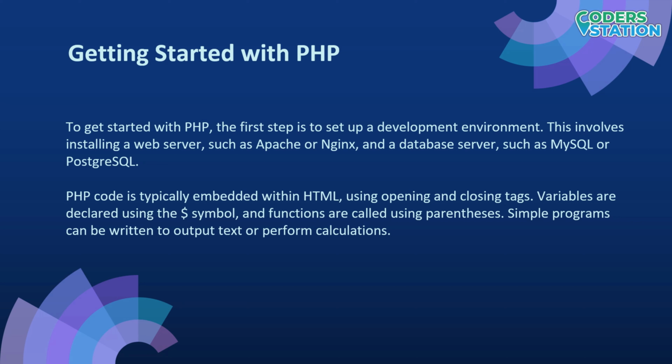Writing basic PHP code involves understanding the syntax and structure of the language. PHP code is typically embedded within HTML, using opening and closing tags. Variables are declared using the $ symbol and functions are called using parentheses. These are some fundamentals of PHP which we will learn during the course. Simple programs can be written to output text or perform calculations.